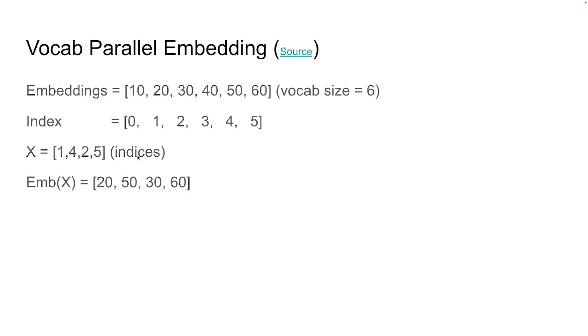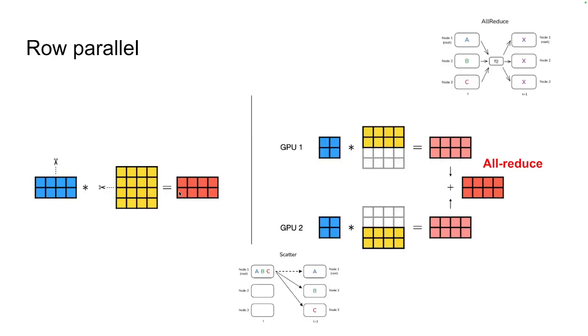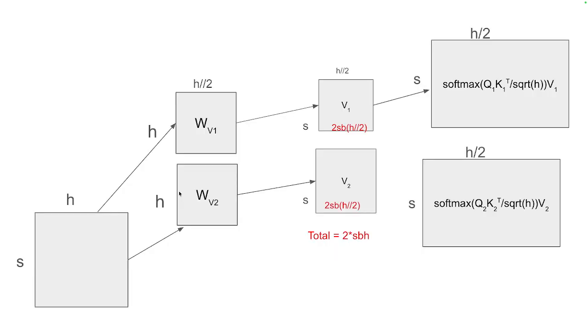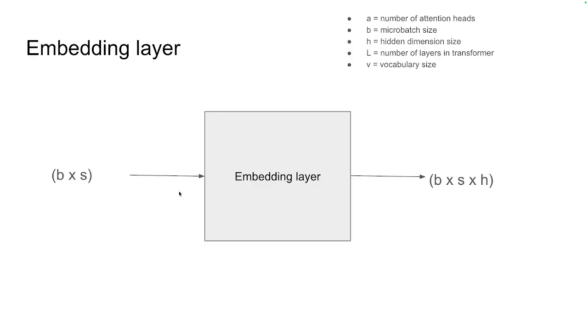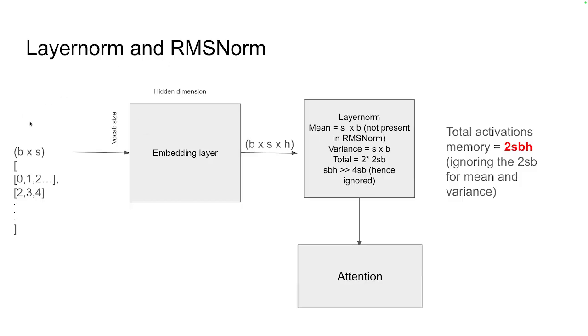Okay, we went over how to do tensor parallelism for the attention and MLP layers, and there is one more thing that we can have tensor parallelism on, and that is the embedding layers. If I go back to what embedding layers do: they take your batch of sequences which have token IDs, and each token ID corresponds to a row in this embedding layer.